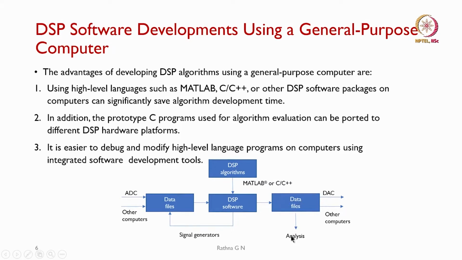You can send them for analysis, or if you want an analog output, you will convert this digital data into analog and send it out to other hardware, or you can save it as digital data on other computers for later use.